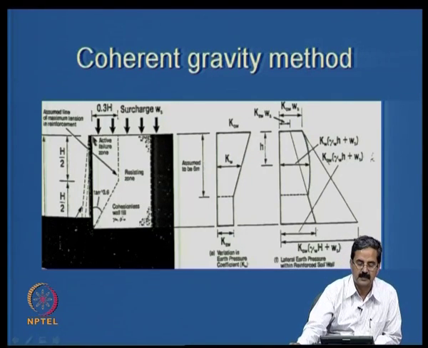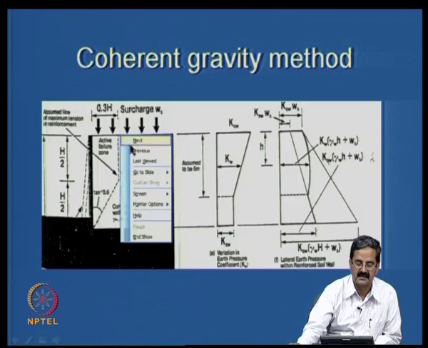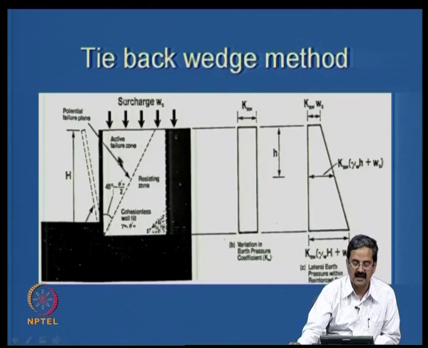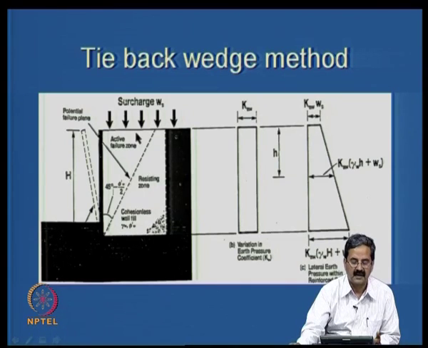It is this point, like in the previous case, it is like this, whereas here you are just cutting it here only. What it means is that the advantage is that the earth pressure you have to consider in design is much less in the coherent gravity method compared to this case.